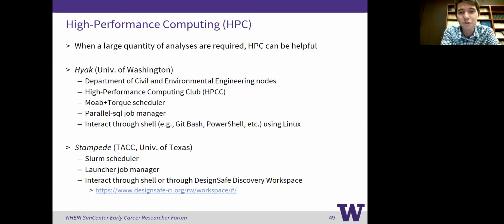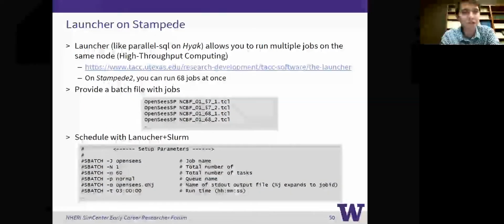If you're at your own institution, you may see if these resources exist, but if not, then there's Stampede and TACC at the University of Texas, and you can interact through Stampede with either a shell or through the DesignSafe Discovery Workspace that's linked there. And so you have access to these high performance computing resources, even if they're not at your own institution.